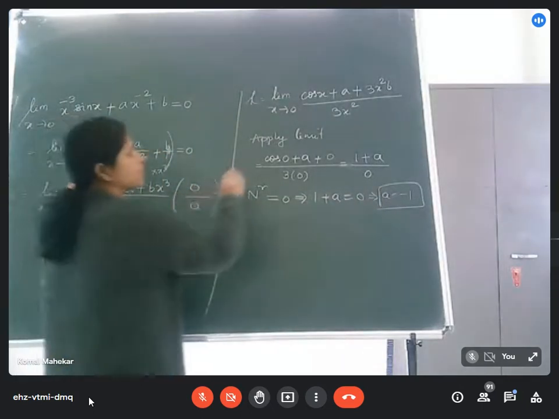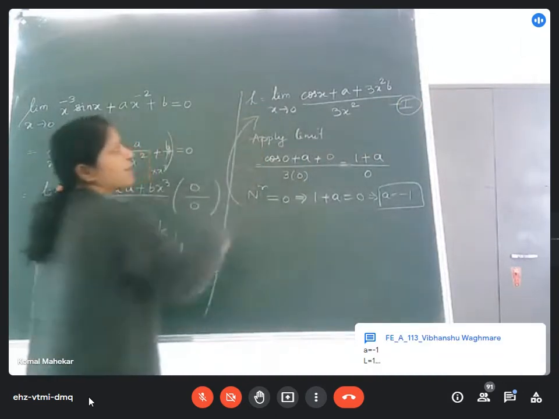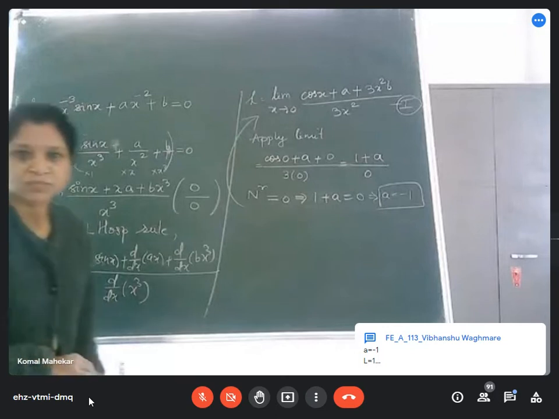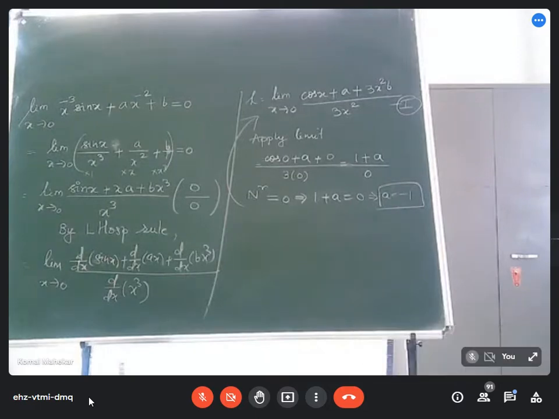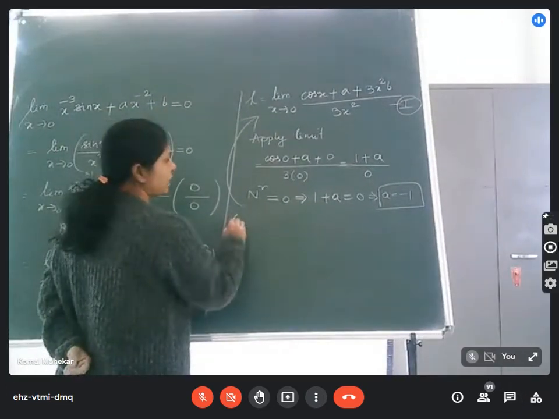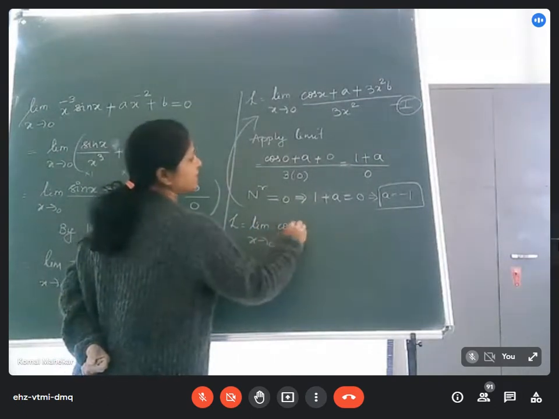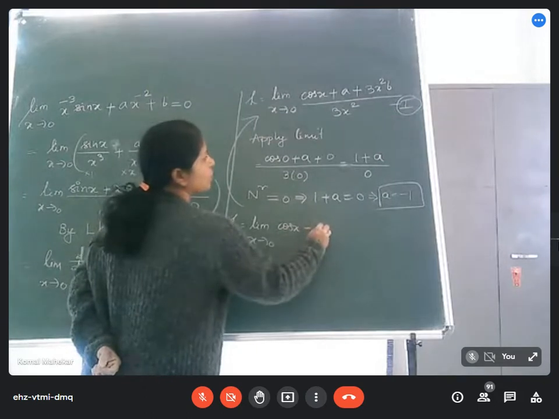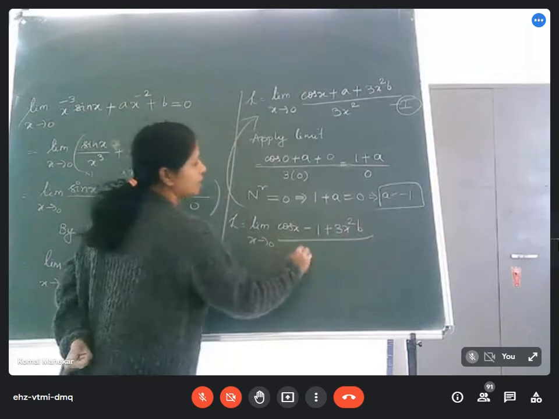Now if this is our equation number 1, then in this equation we will substitute the value of a as minus 1. Putting the value of a as minus 1 in equation 1, we get L is equal to limit x tends to 0 of cos x minus 1 plus 3x square b divided by 3x square.